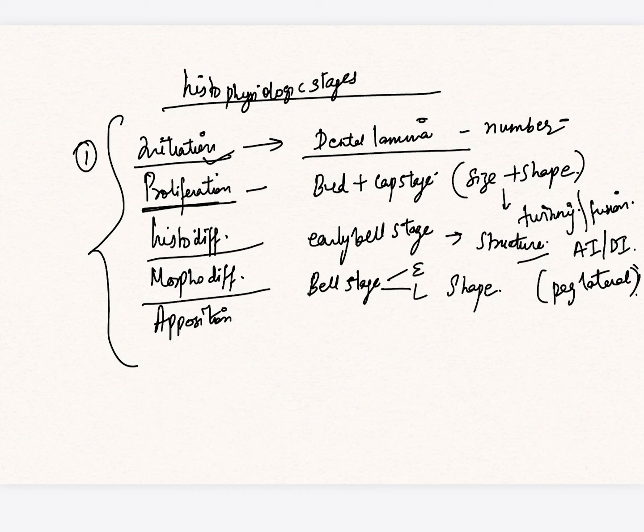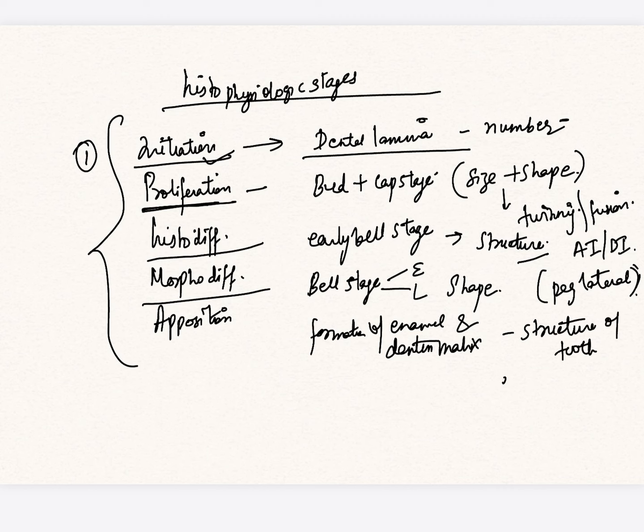The last stage is apposition stage, in which there is disturbance during the formation of enamel and dentine matrix, and disturbance during this stage will affect the structure of the tooth, like hypocalcification of the tooth, enamel fluorosis, etc. So these are the different histophysiological stages.